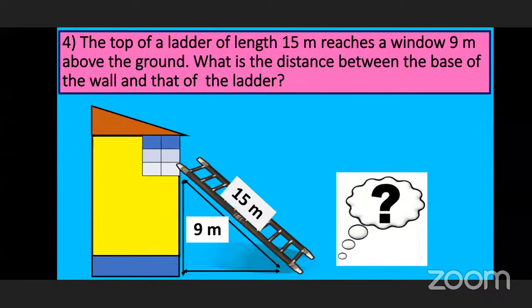So children, if you observe this figure carefully, you can see a right angled triangle. So when right angle triangle is there, the Pythagoras theorem is there to help us out. So B is the 90 degree. So it is a right angle triangle. We will also name the other sides to solve the sum.